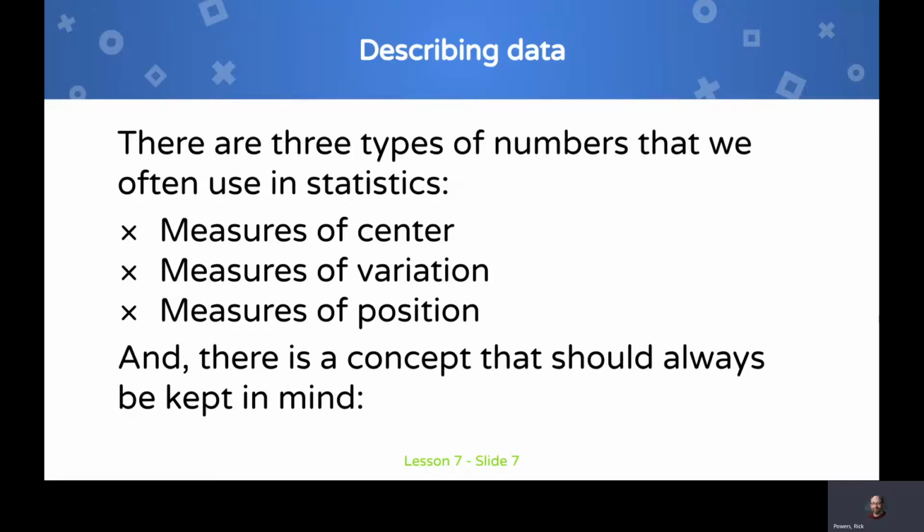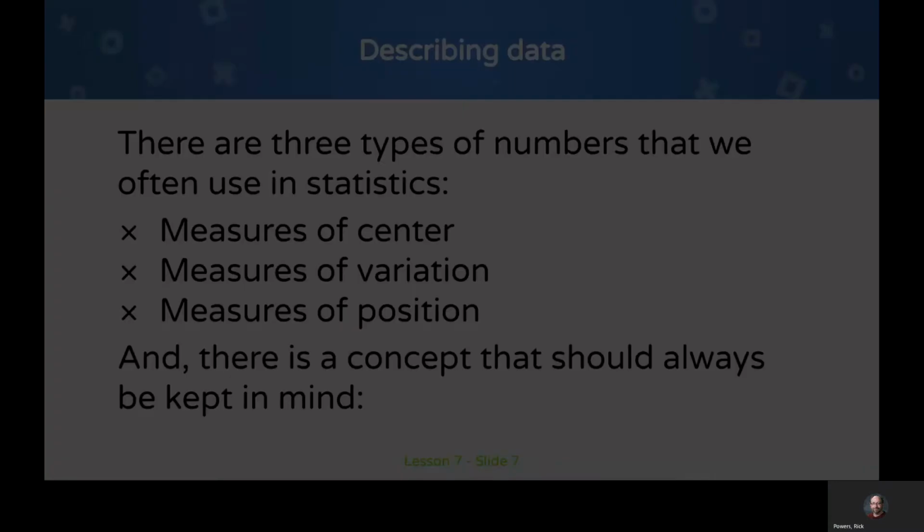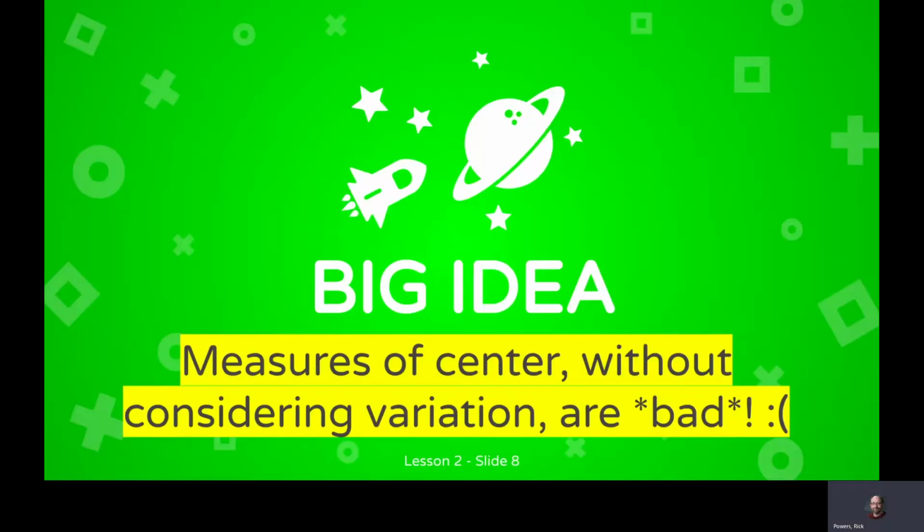There are three types of numbers that we often use in statistics: measures of center, measures of variation, measures of position. And there is a concept that should always be kept in mind. Big idea. Measures of center without considering variation are bad.